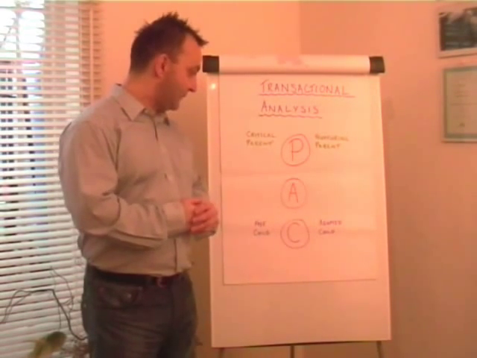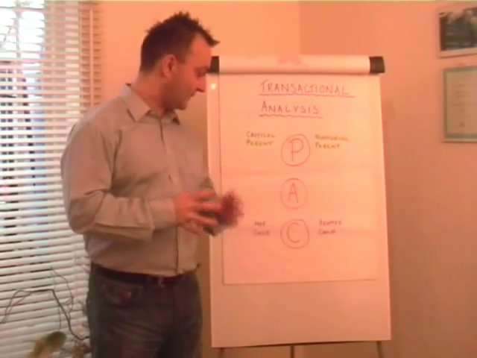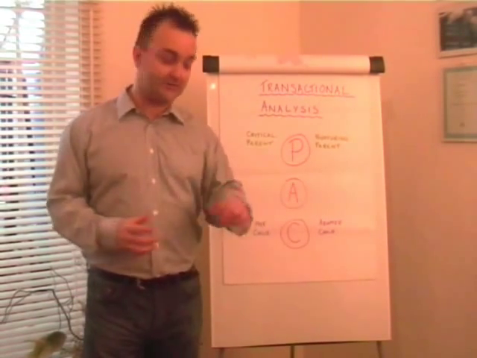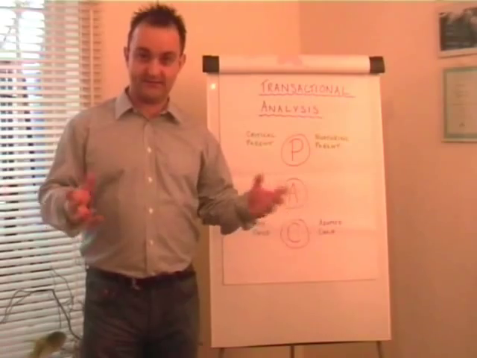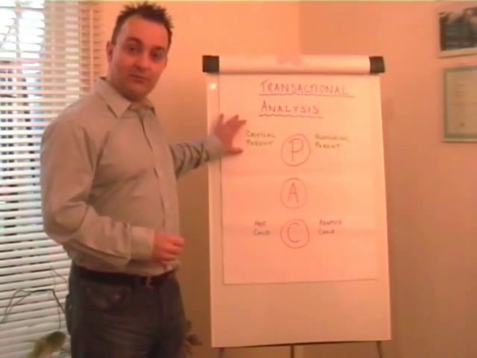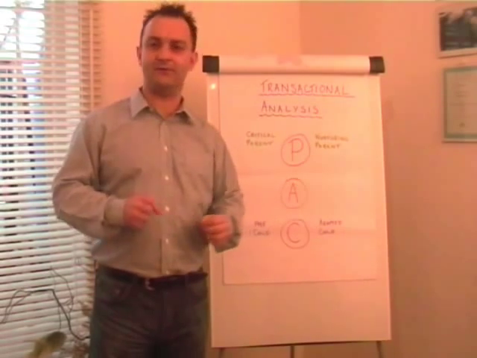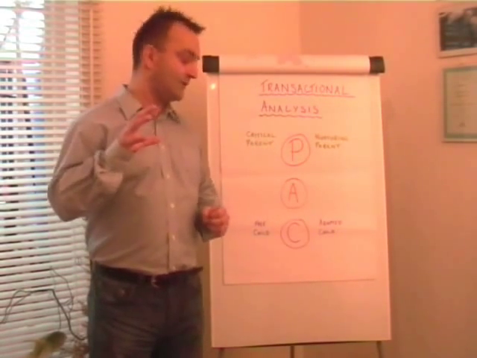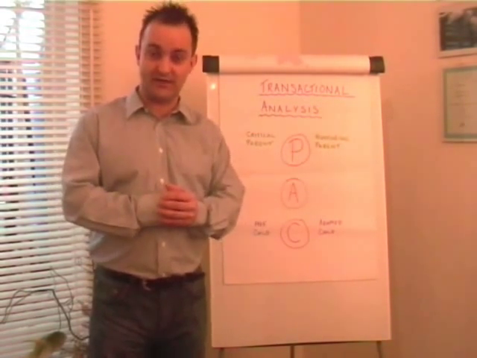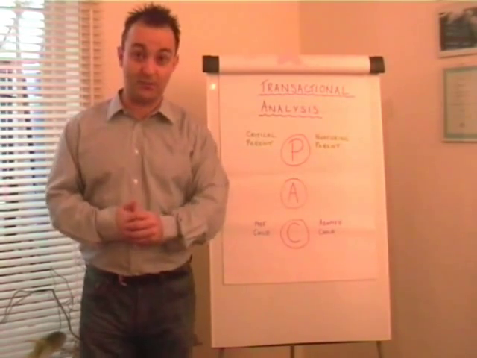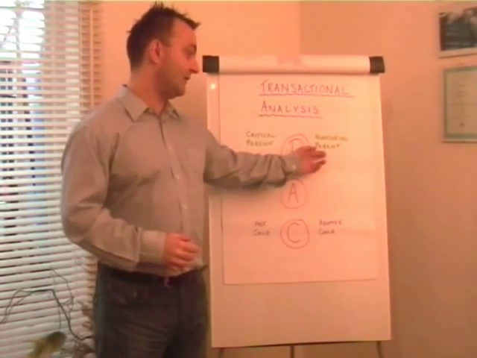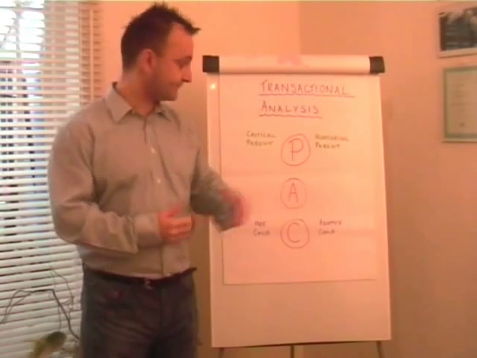We dip in and out of each one, but it's important that we have a balance of these. You tend to find people stuck in critical parent, constantly criticising people and looking for the downsides in things. Whenever you're trying to achieve something in your life, these people won't be very supportive, whereas nurturing parent types will be very supportive.